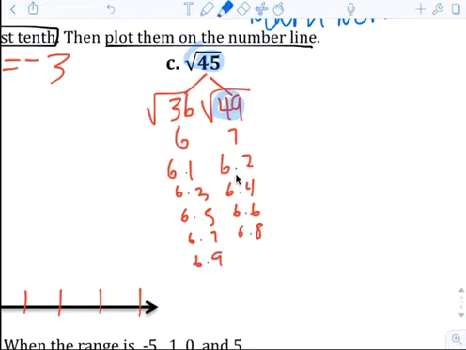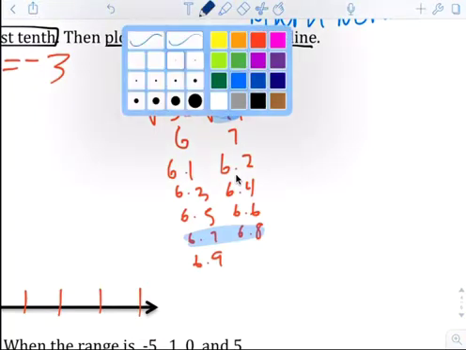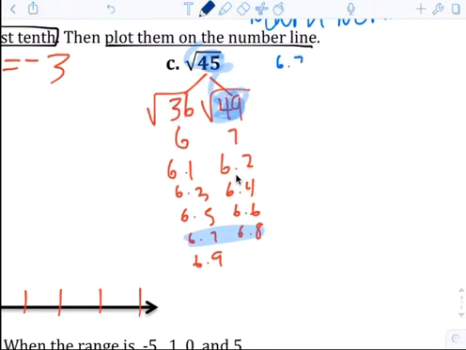All of that is closer to 7, so I'm going to choose these two and see what happens. I'm not sure what my answer is. I'm going to leave my answer here as the square root of 45, okay?